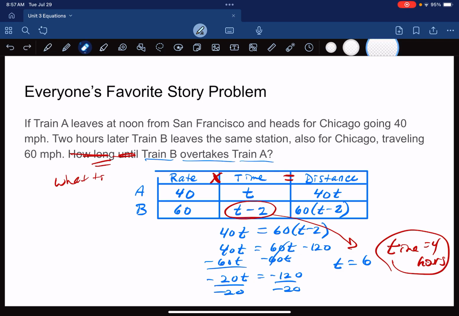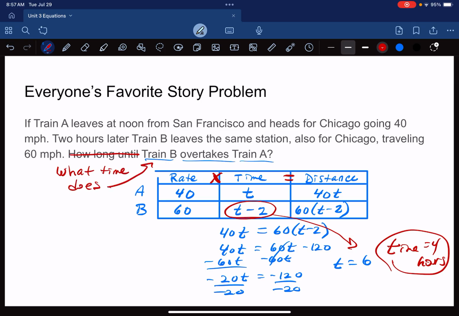I'm sorry, let me fix this. Instead of how long until, we're just going to scratch that and put what time does train B overtake train A?